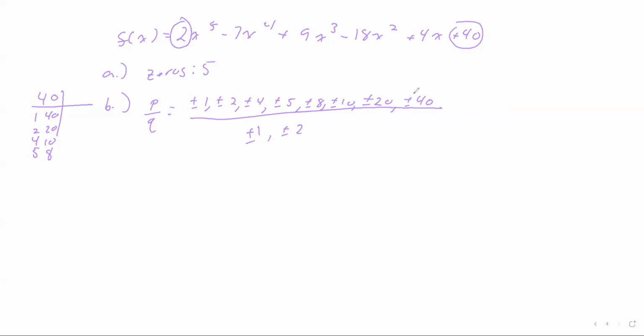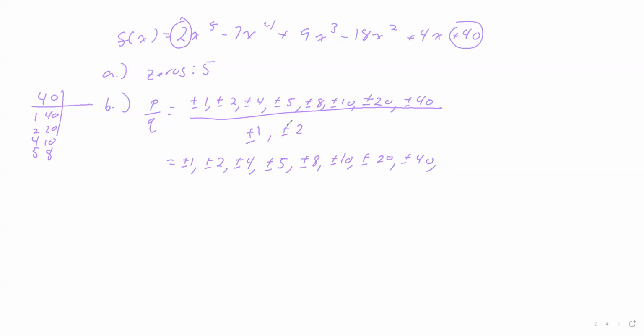So when we do this, we divide all those by 1, which is super easy. Plus or minus 1, 2, 4, 5, 8, 10, 20, 40.